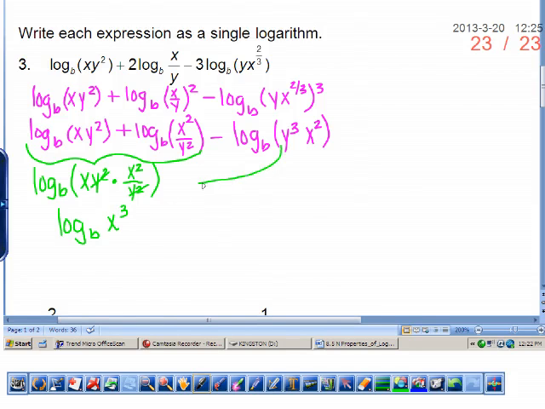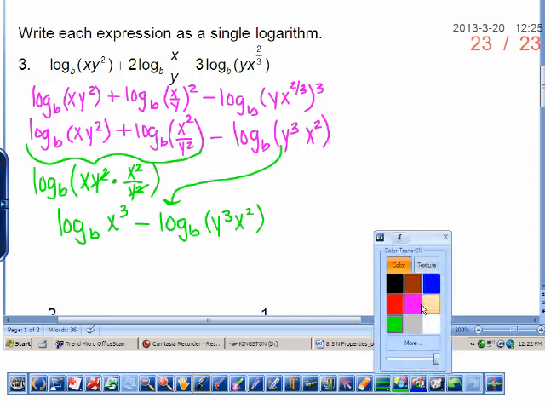And then are we okay if I just go ahead and bring this down? Minus log base b of y cubed x squared. Okay, now I'm going to keep condensing. So what rule am I going to use now? The quotient rule.